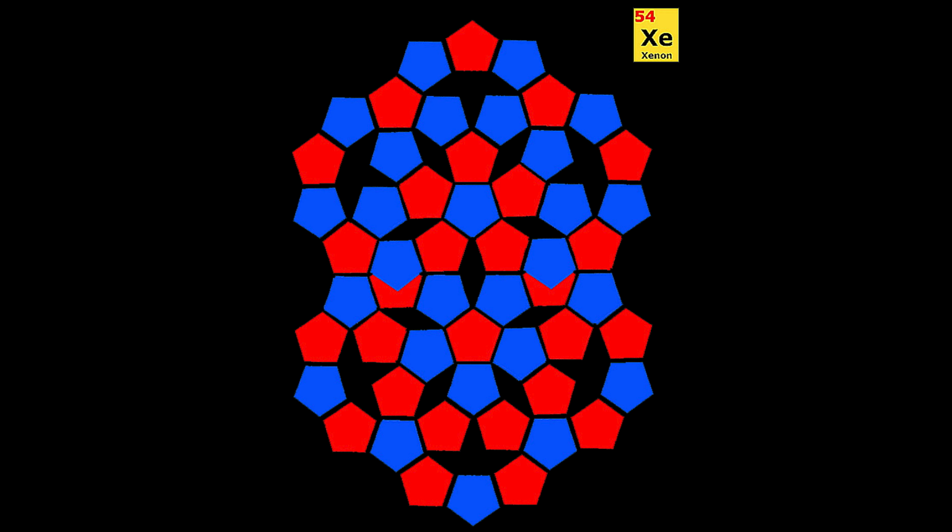Now, here with xenon, I have to admit to a problem. It is taking 2 of the kryptons and overlaying them, and it makes 2 different pentagons, but it gets a little creepy here. Look at the top red, and then it goes out with the next 2, and then it kind of goes down almost like it's making a coffin.